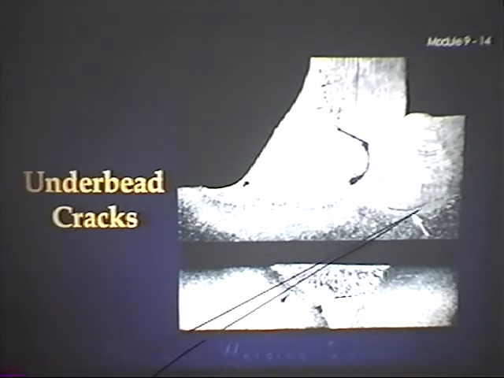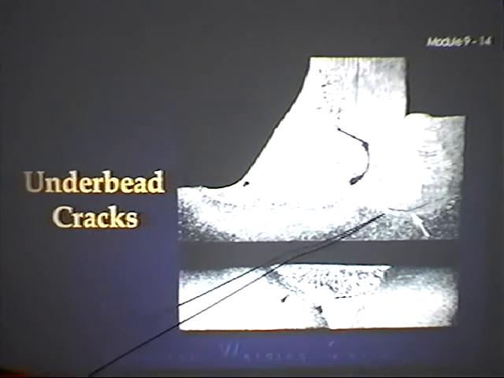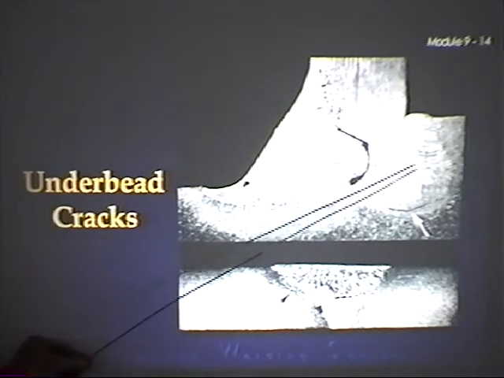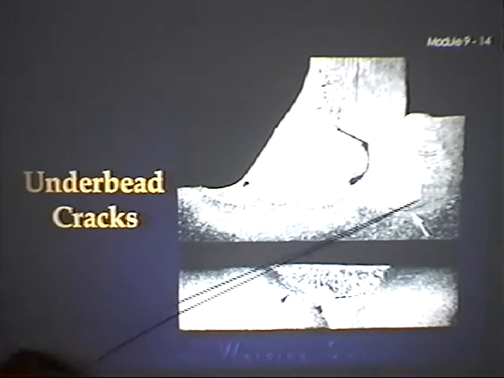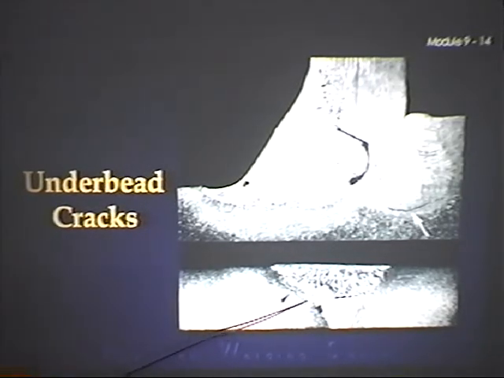But right here, it's also cracked. And the reason it cracked here, well, it could be 2 reasons, actually. This is right in the base where the base metal hits the parent metal. If it's really restrained and you do a lot of welding in there, as it shrinks, it could crack and pull away. This one here, if you can see real closely, the weld metal stops right in here.